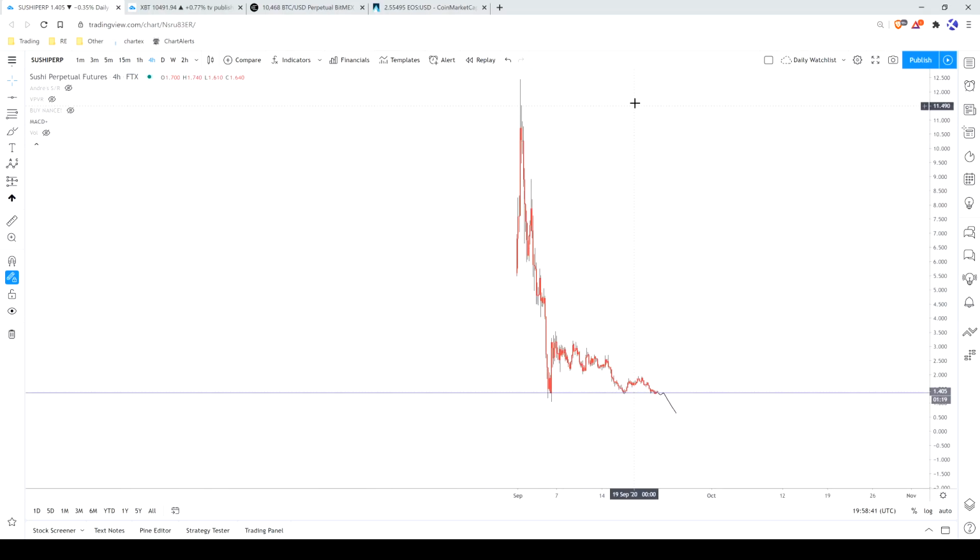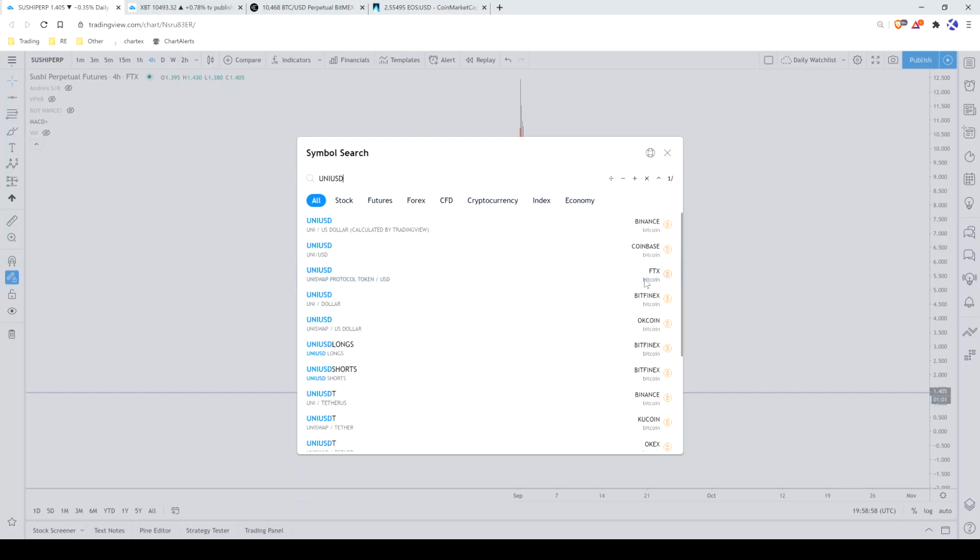SUSHI has already fallen from 12 bucks to 150. Is that a good short? Probably not. It's probably not something that I'm looking to short into. This is something I'm watching for an entry later. Same with, let's go to UniPerp.